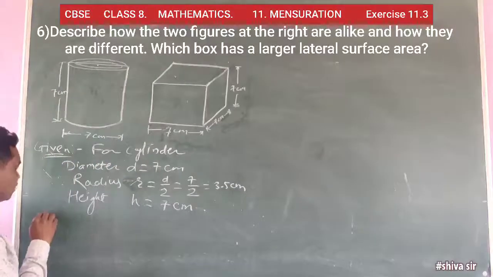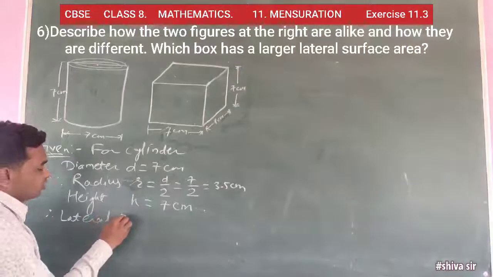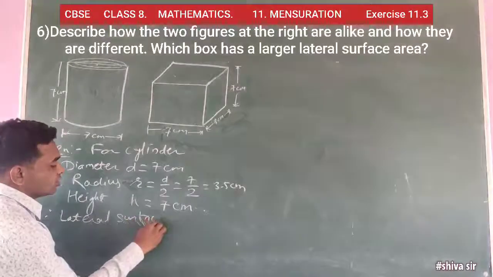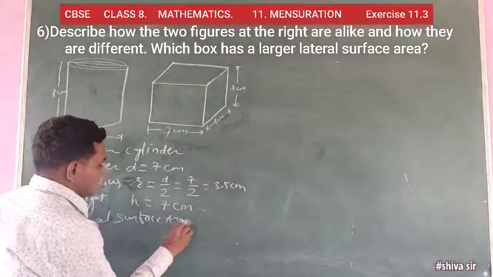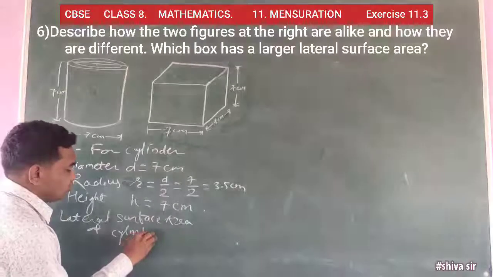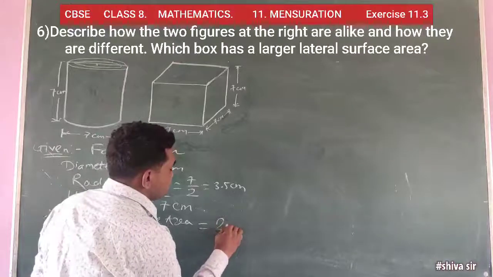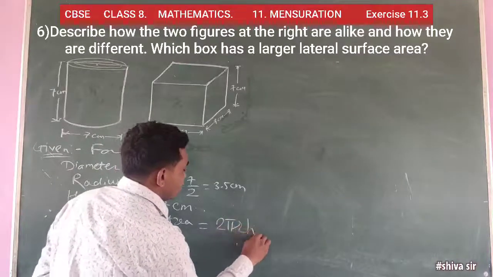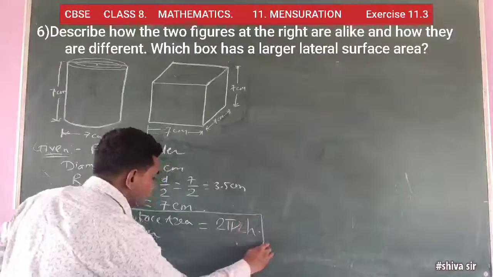What is the formula? Lateral surface area of a cylinder is 2 pi r h. This is the formula.